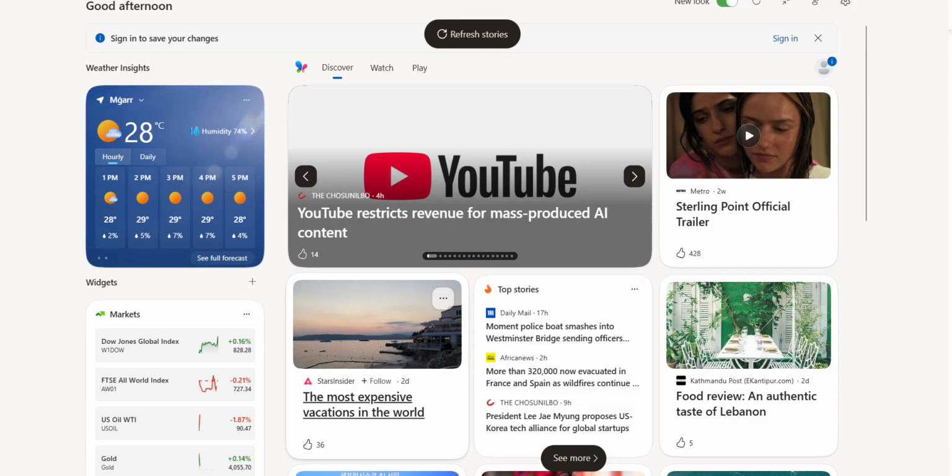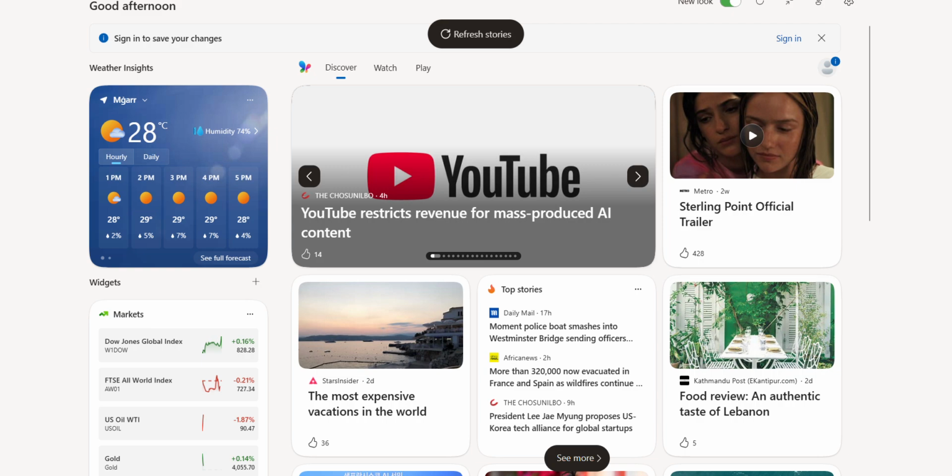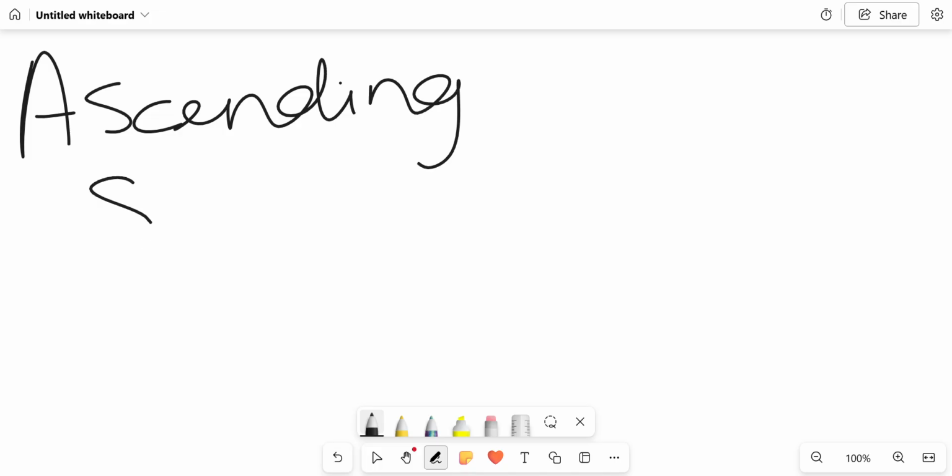Moving forward, let's talk about ordering of numbers. We have two types of ordering of numbers. The first one is ascending, which is from the smallest to the largest.